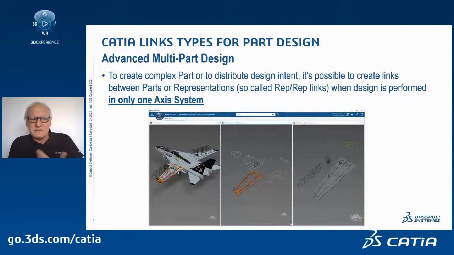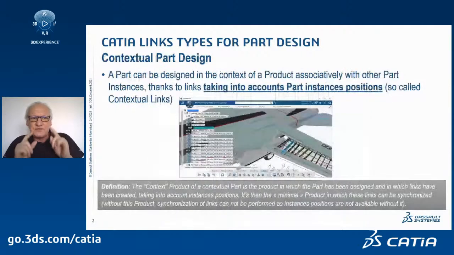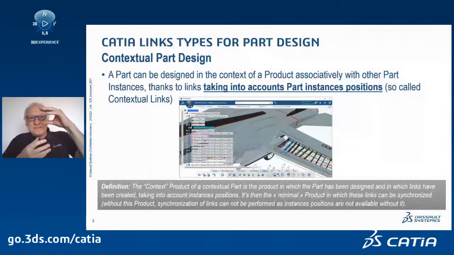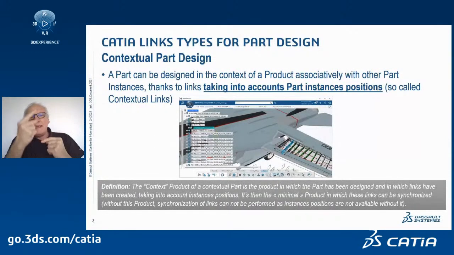What we call the advanced multi-part design. The second type of link is called a contextual link, okay? In this case, you are within a given product called the context product. In this product, you have multiple parts and instances of parts, and you can make links between those.